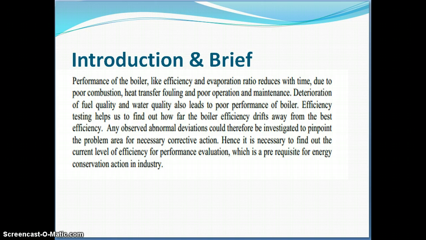So let's quickly see the introduction. The performance of the boiler can be assessed through efficiency and evaporation ratio, which reduces with time due to poor combustion, heat transfer, and poor operations and maintenance. A lot of scaling problems in the water also.